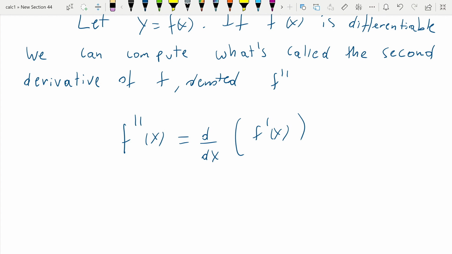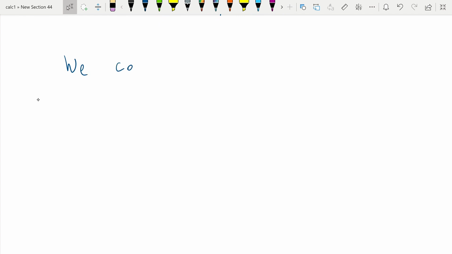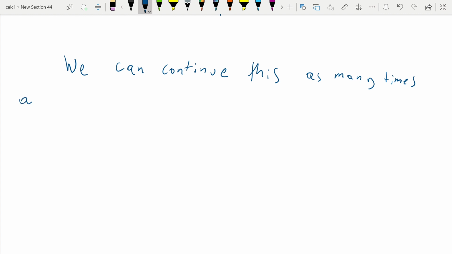And we can actually continue and compute, if the resulting function is differentiable again, as many times as f is differentiable.